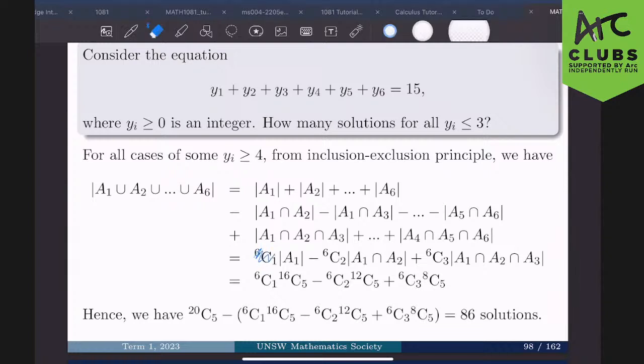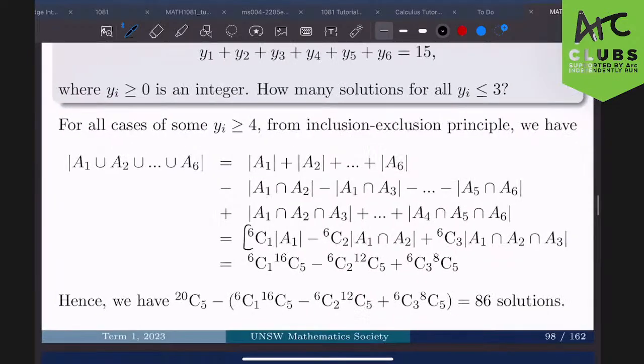No, we should use that. So, basically, this is representing, well, in A1, this is the case in which we've selected one of them to be greater than 4.